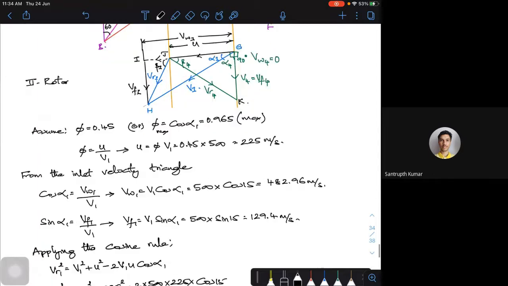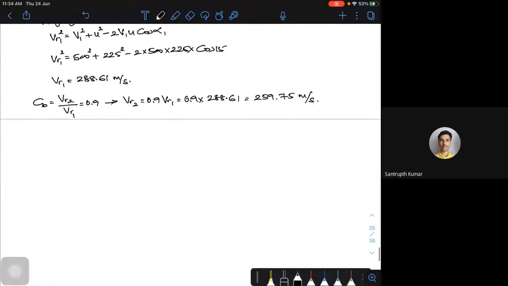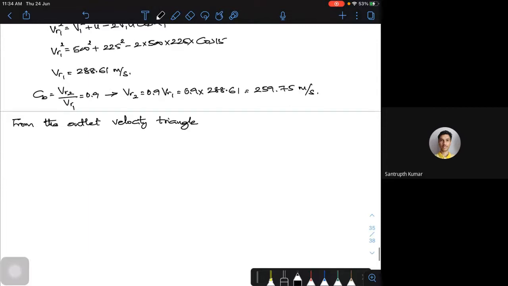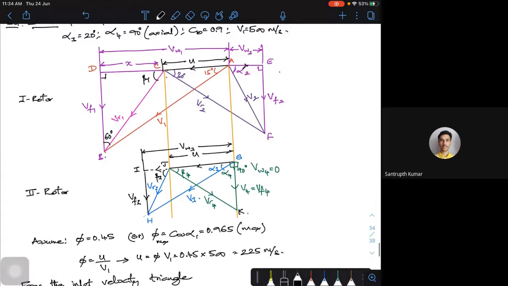Now consider the exit velocity triangle. From the outlet velocity triangle, whatever we did for the inlet velocity triangle, we'll write for the exit velocity triangle also. Let's try for cos beta 2.